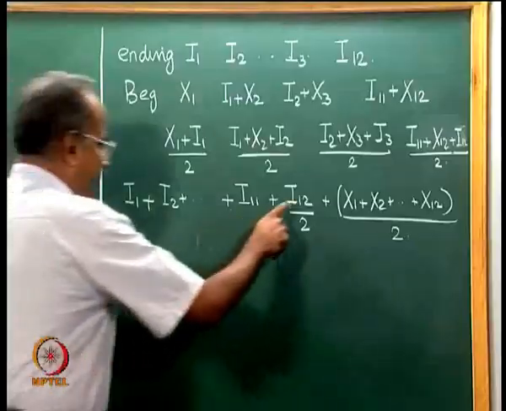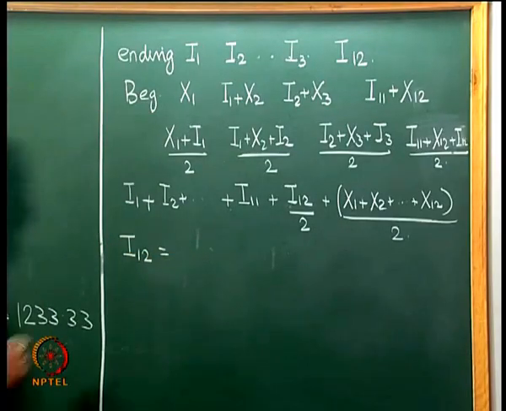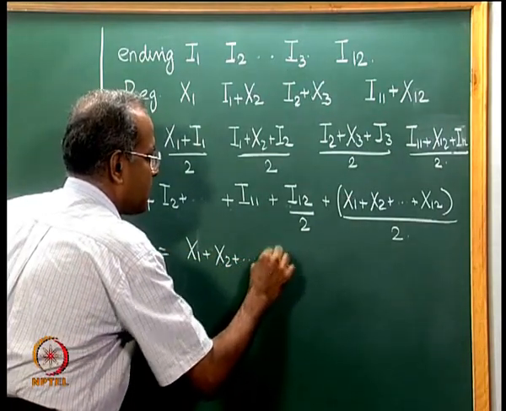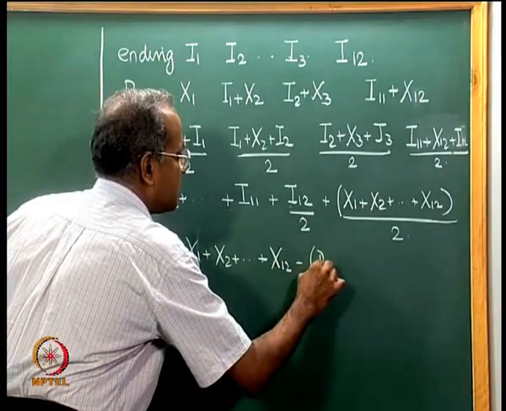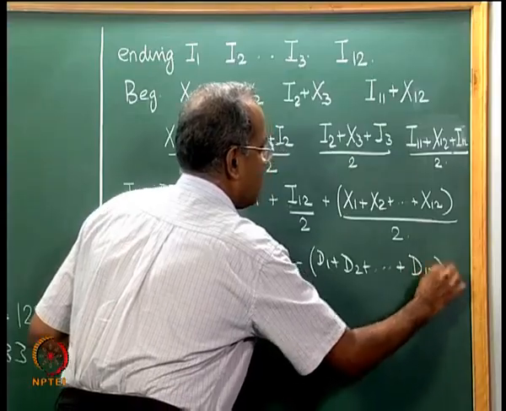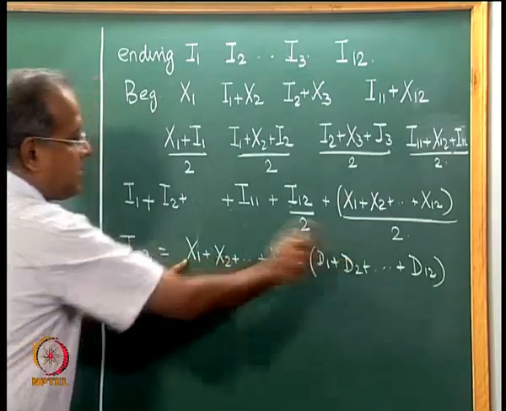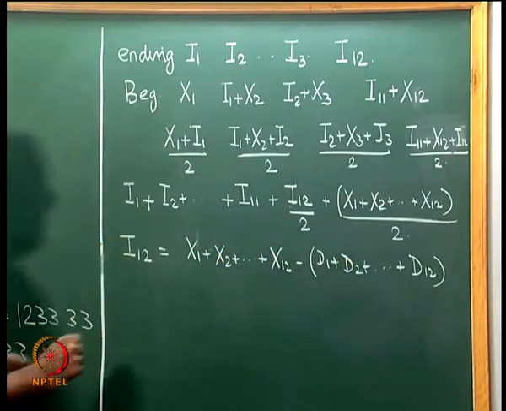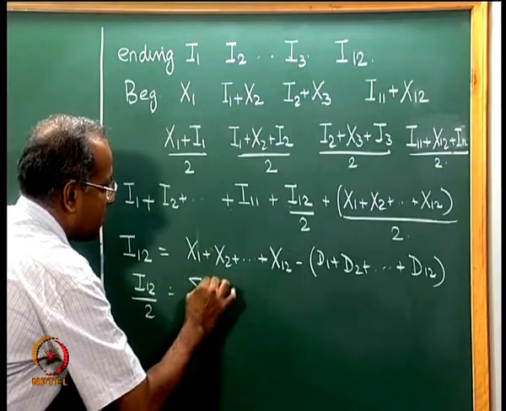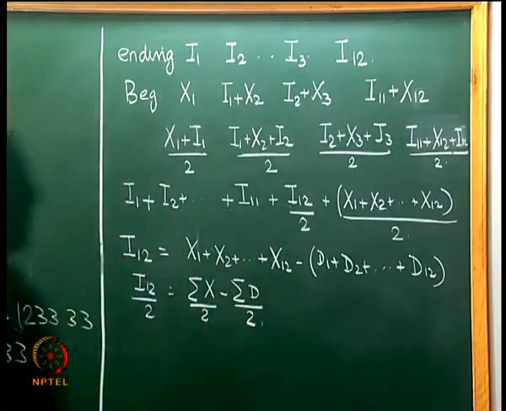So let me write this as sigma x and this as sigma d. So I12 divided by 2 is equal to sigma x divided by 2 minus sigma d divided by 2.